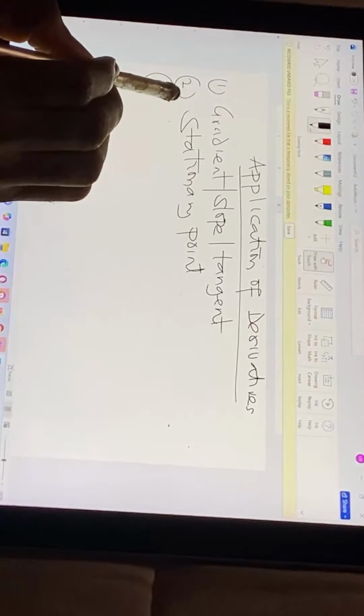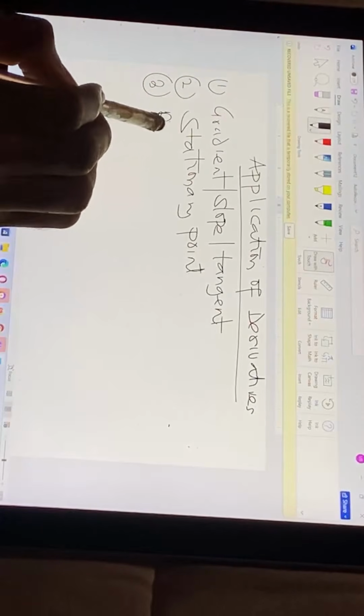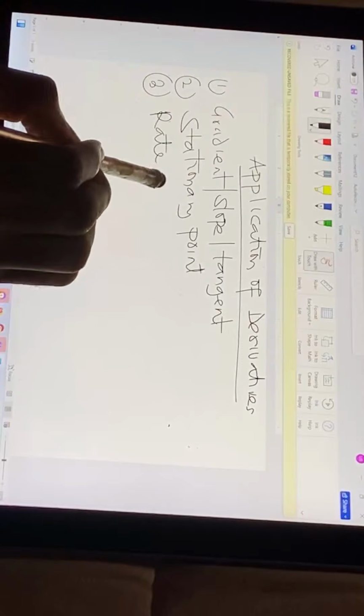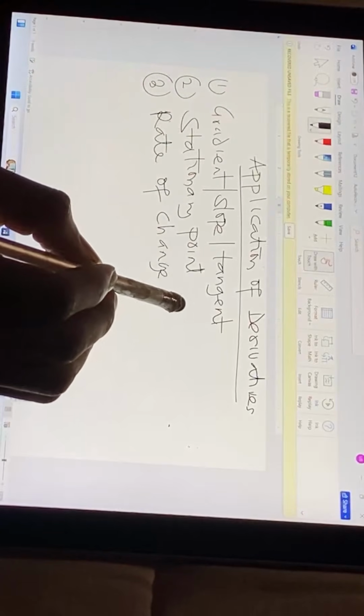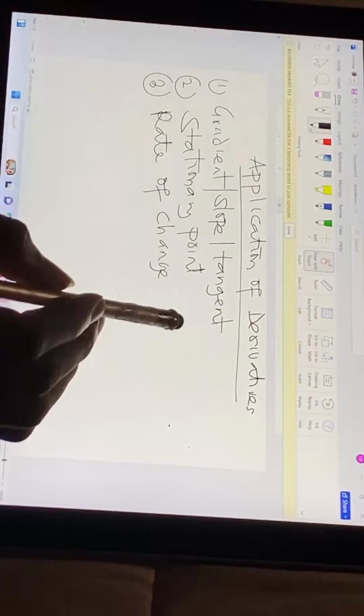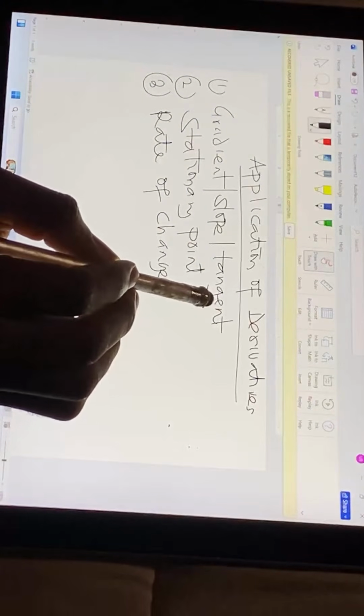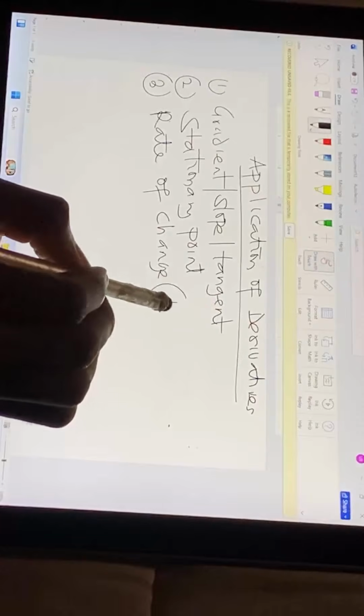The third here is rate of change. That is mostly on kinematics.